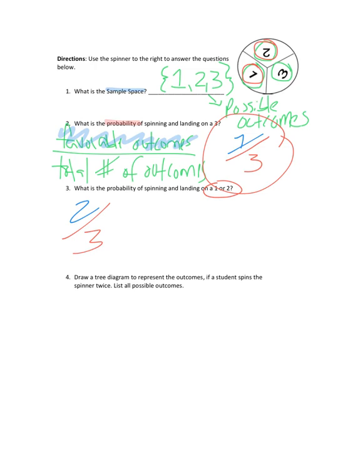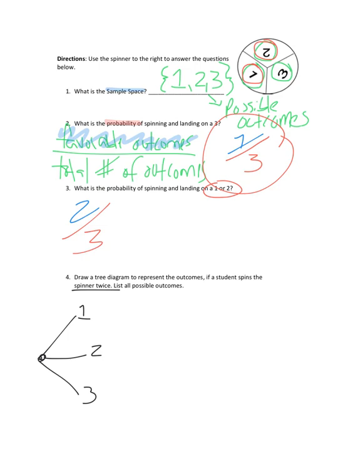Last, it's going to ask us to draw a tree diagram to represent the outcomes. We're just talking about visually seeing all the possible outcomes. So we want to say, what are the outcomes of spinning the spinner twice? On the first spin, we can land on a 1, 2, or 3.